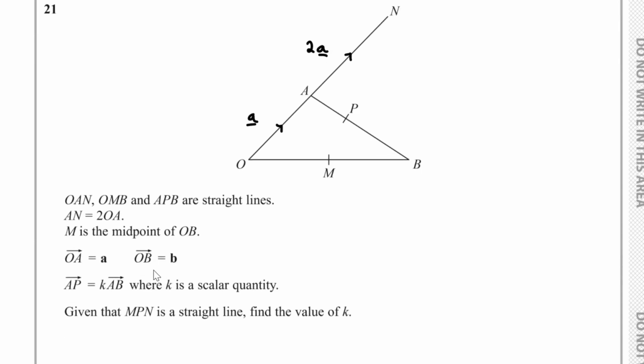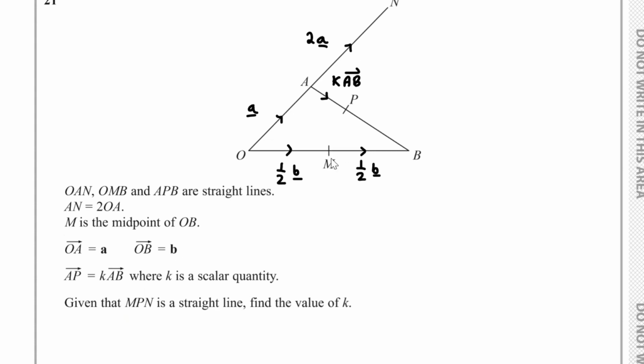And we're given that OB is little b, so because M is the midpoint, here we have 1/2 b, and here we have 1/2 b. And we're also given that AP, that's this vector here, is equal to k lots of the vector AB, where k is a scalar quantity, and given that MPN is a straight line, we have to find the value of k.